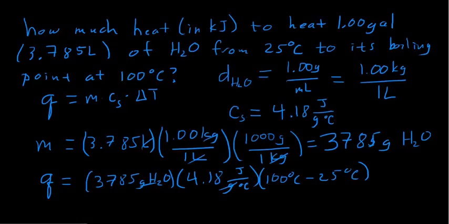And so 100 minus 25 is 75. Then we just multiply all those numbers together, and we get a final value of 1.19 times 10 to the 6th joules. If we convert that into kilojoules, we divide by 1,000. So that'll be 1.19 times 10 to the 3rd kilojoules of heat energy. So that's how much heat energy we have to put in to heat up the water.